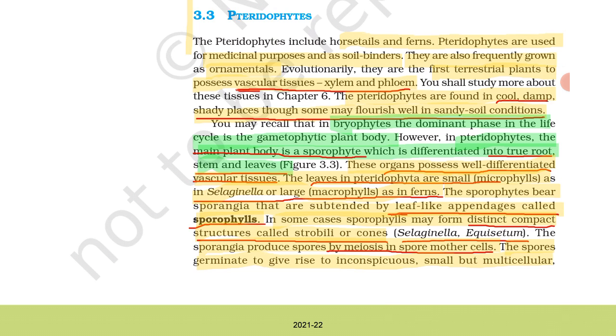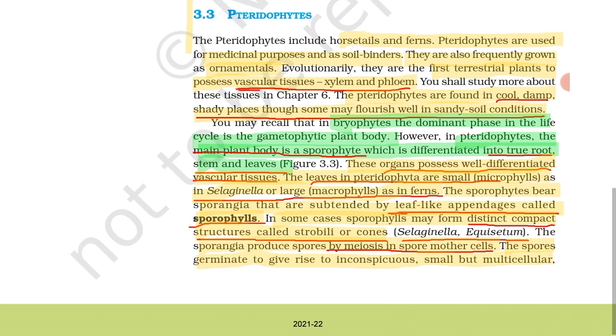The sporangia produce spores by meiosis in spore mother cells. The sporangium is a spore producing organ.